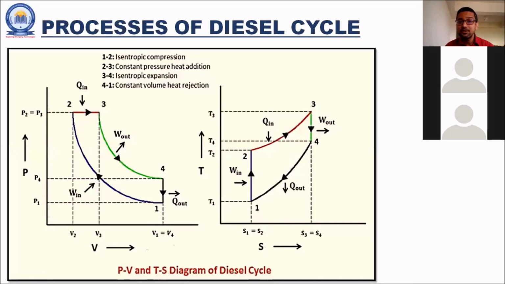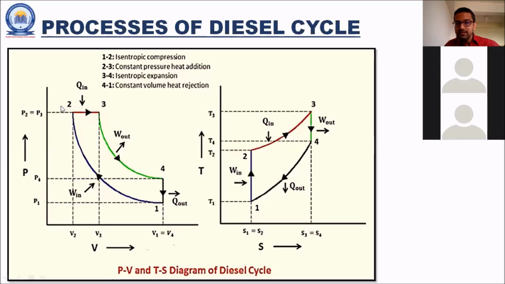So these are the different processes of the diesel cycle. 90% of these processes are the same as that of the Otto cycle. Only the change comes in the process 2 to 3.